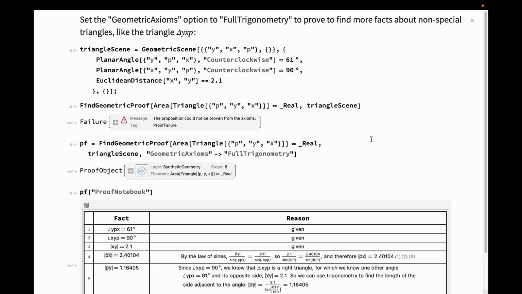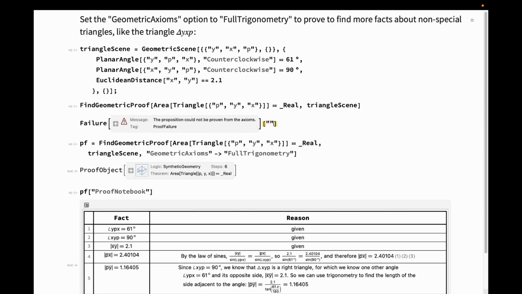Another thing we can do is to play around with the axioms that are allowed, with a specific value of that option called full trigonometry, and that just allows the additional axioms of trigonometry. So here we have a scene that's a triangle, but it's not a special triangle for which we would not need trigonometry. It's just a random triangle with two angles and a distance.